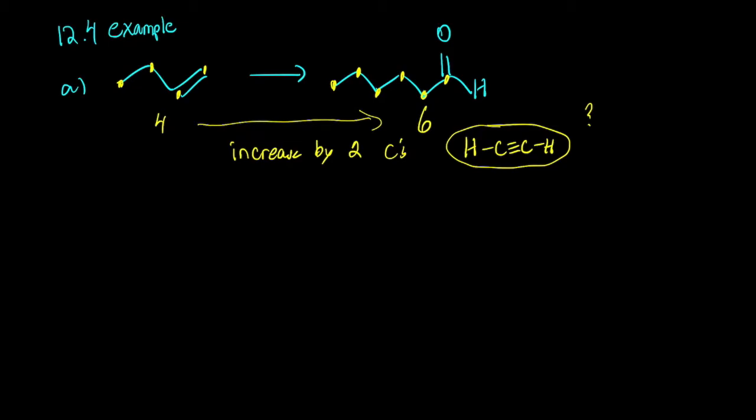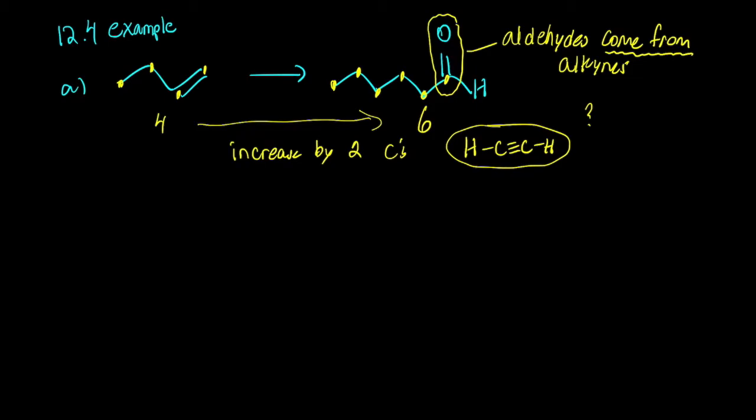There are also functional group changes. I need to make an aldehyde. Aldehydes come from alkynes. So I'm going to think about the functional groups here. Do you see this word, come from?